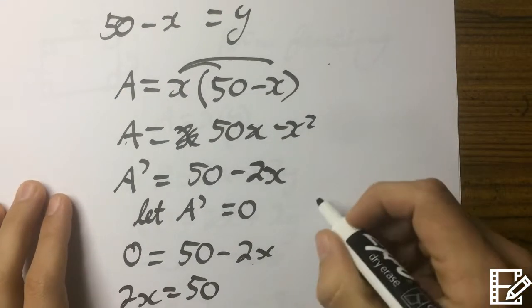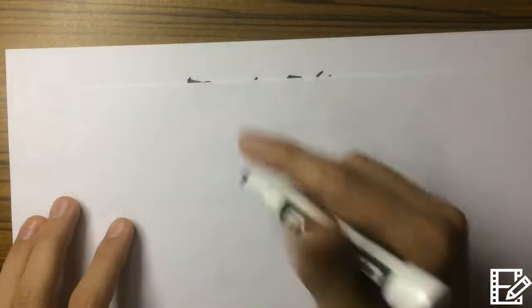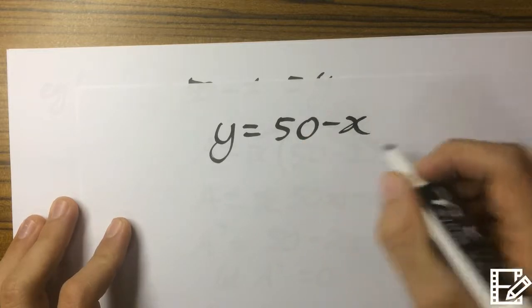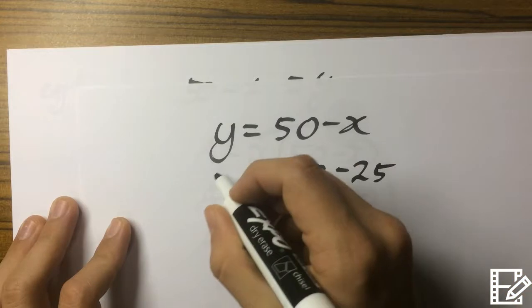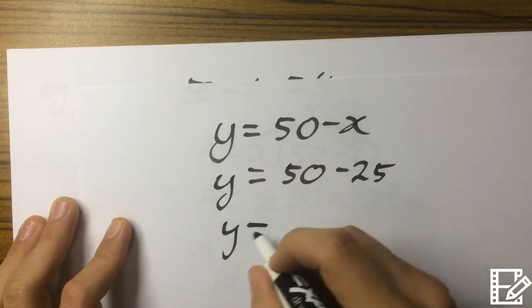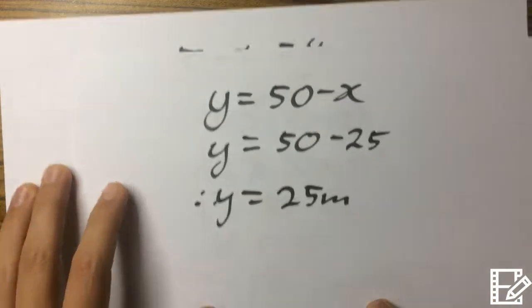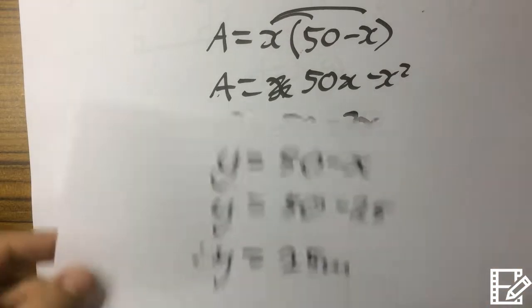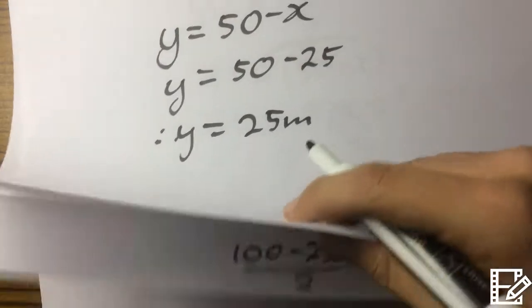Let's put that in. Y equals 50 minus x. X equals 25, so that's 50 minus 25 is y. Therefore, y is equal to 25 meters. Which is great. 25. That means that it's going to be a square.